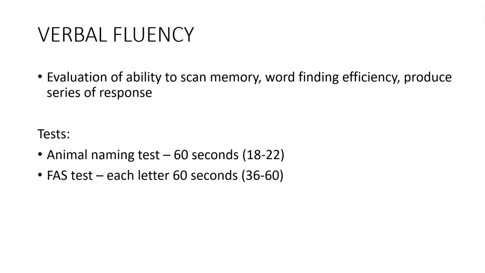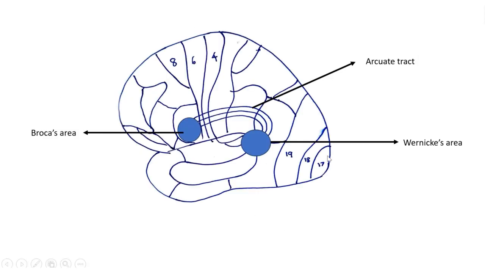So what exactly are we testing in this particular test? Let's say I've asked my patient to name all the animals that he can think of within a 60-second period. He will comprehend the question, make sense of it, and transfer this command to our Broca's area. Broca's area will scan memory, get all of the different animal names that it can think of, put them together and send commands to the motor cortex.